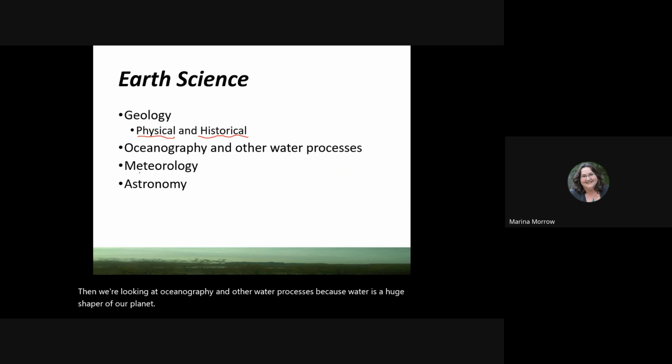We look at meteorology, the weather, and the atmosphere, and astronomy, because we can't really talk about our planet and the changes that occur without talking about our sun and the energy that comes from the sun. So all of these things are important sciences that make up the earth science.